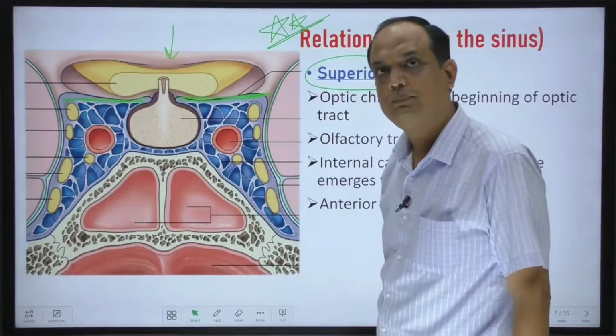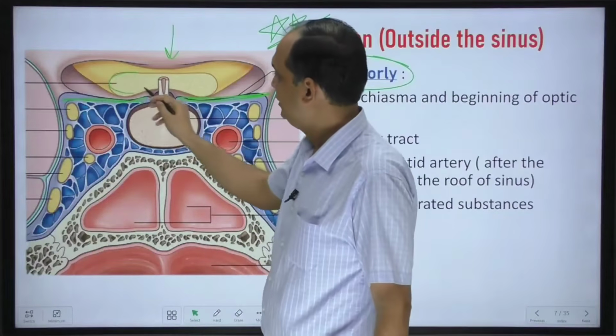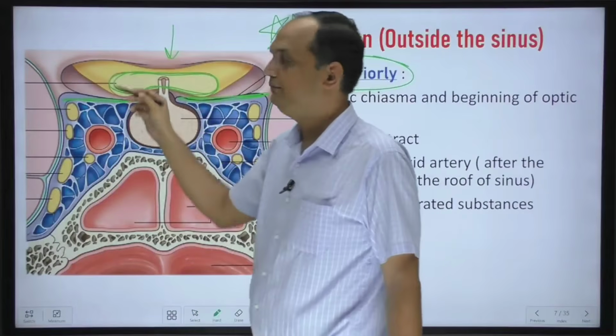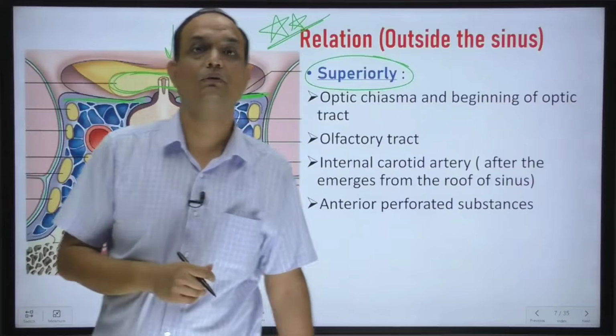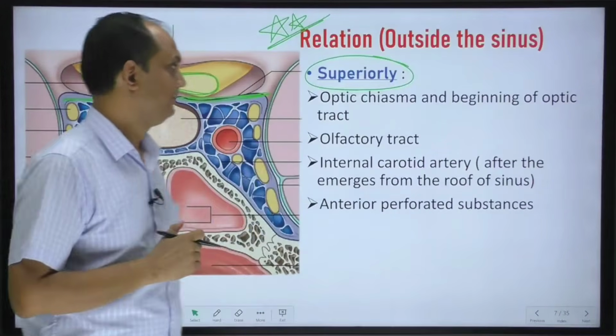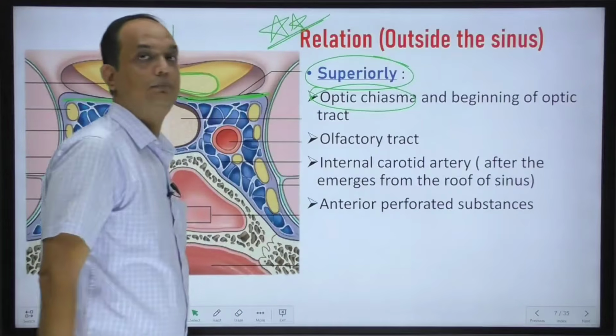Now on the top of this sinus, you are able to see a section. What is this section? This is the point where you have the crossing of your optic nerve fibers, and that is known as optic chiasma. And there is the beginning of optic tract.